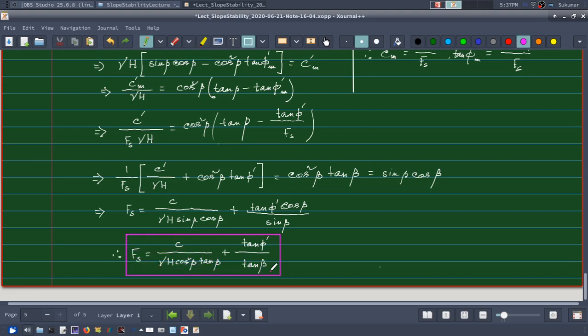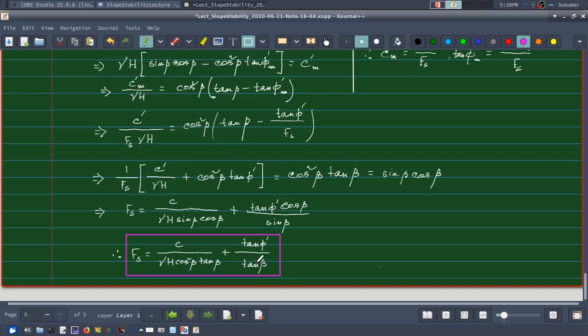This is my expression for factor of safety. So this is how I can get the factor of safety of an infinite slope made up of C phi soil. If it is only cohesionless soil, then this term simply will not be there, because C is 0, and in that case factor of safety will be just equal to tan phi by tan beta.